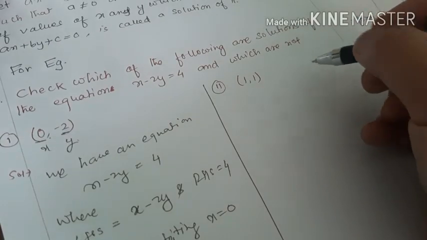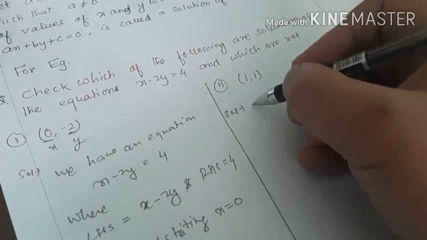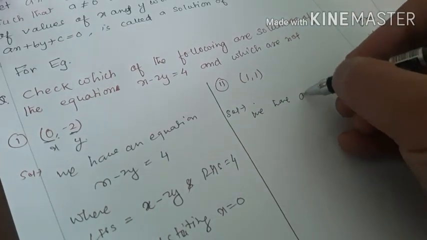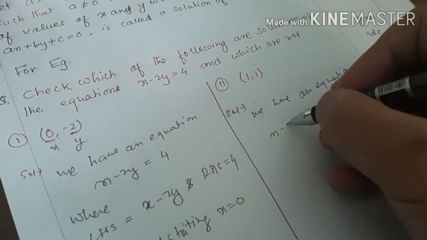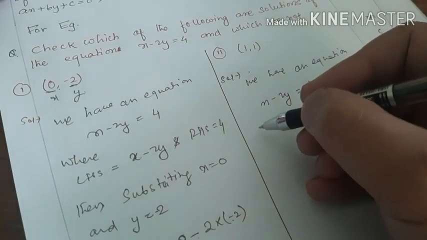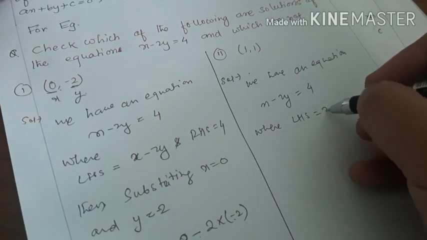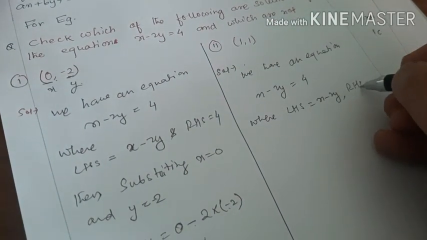Solution: we have the equation x minus 2y equals 4, where LHS equals x minus 2y and RHS equals 4.